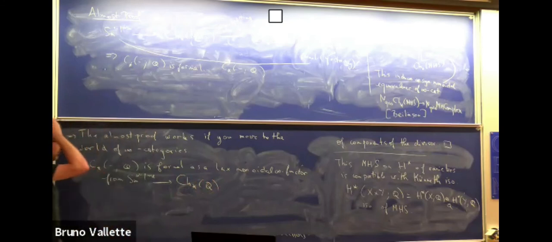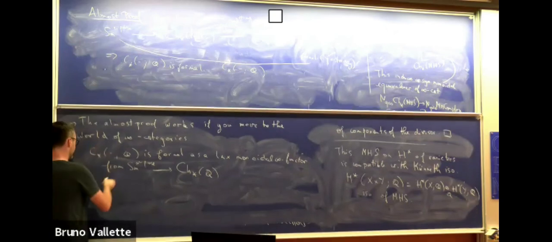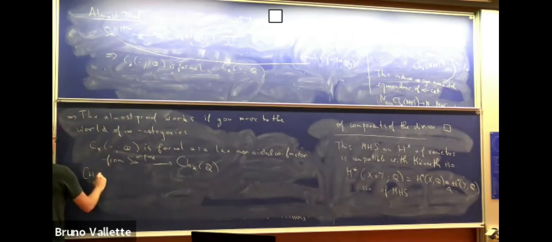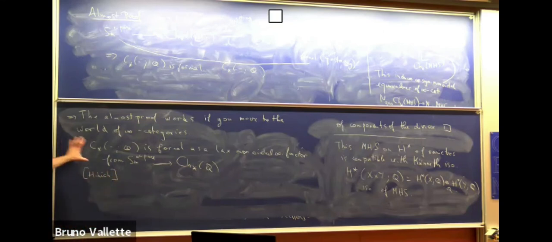It's formal as an infinity functor, but then we can apply a rigidification result due to Hinich. So Hinich showed that you can form a model category of lax monoidal functors in the ordinary sense. And you can form the infinity category of lax monoidal functors in the infinity categorical sense. And these two, if I take the underlying infinity category of the model category, it is equivalent to the purely infinity categorical definition.